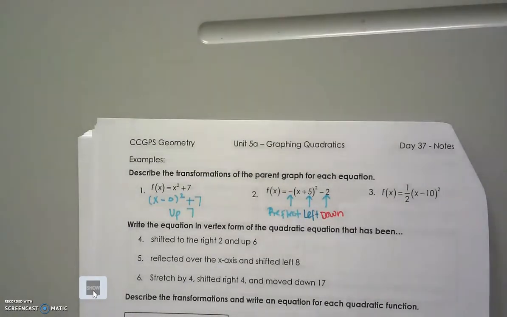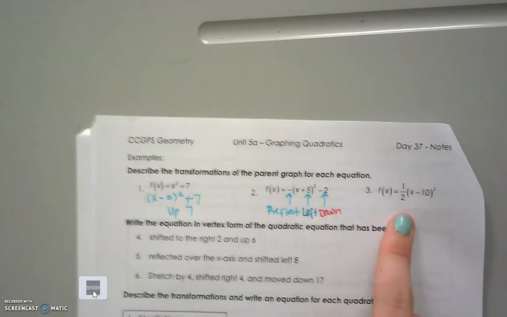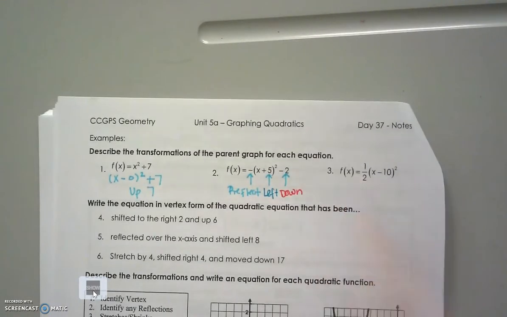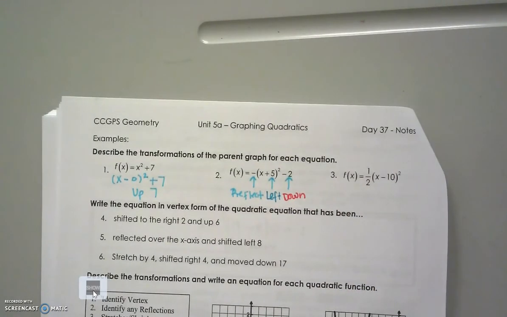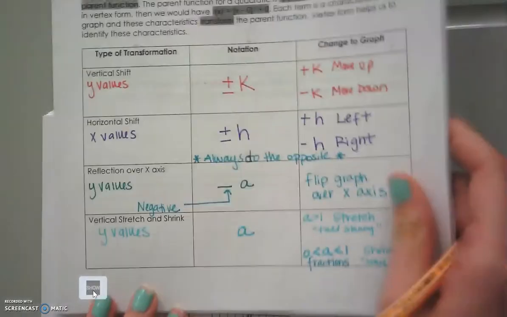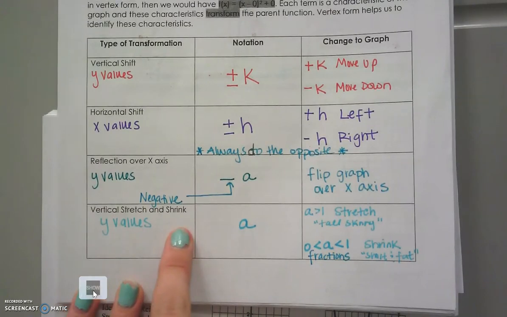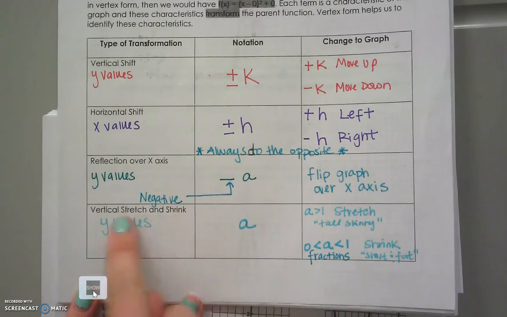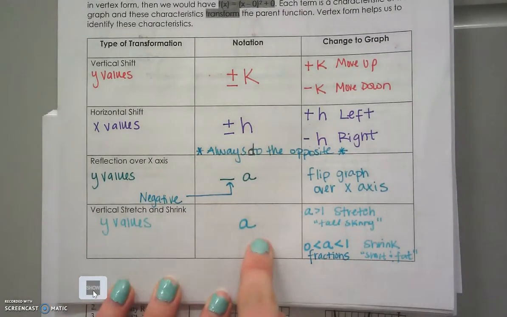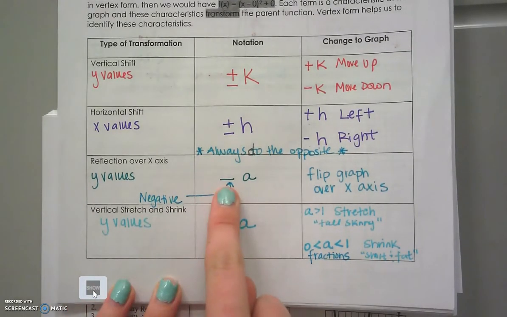Now, the one thing that I did not review, and I'll do it now since we've come across this fraction, is if we have a stretch or a shrink. A vertical stretch or shrink affects the y values, and it's represented by the a. Remember, the negative is only reflection.